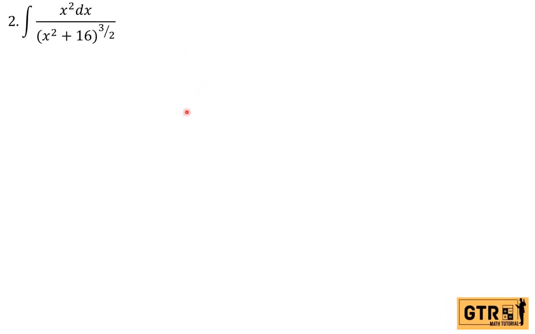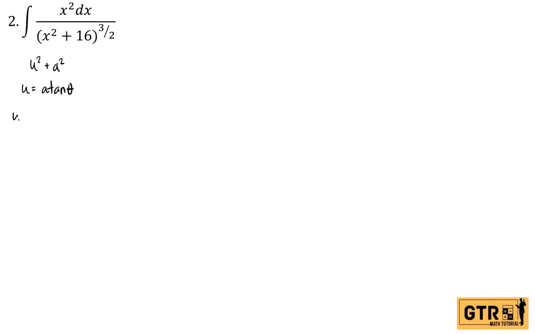Our integrand is in the form u squared plus a squared. So therefore, we will use the substitution u equals a tangent theta. Our u here is x and our a is the square root of 16, and that is 4.